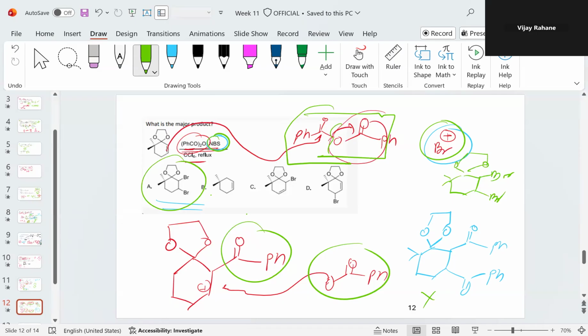So does anyone have any other possibility in their mind? I think it's D, to get the D product actually. So what are the options for how to get the D?